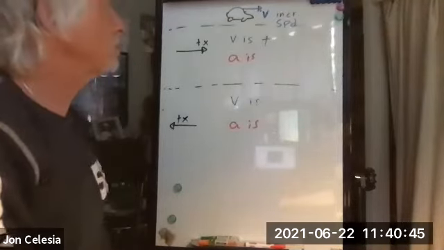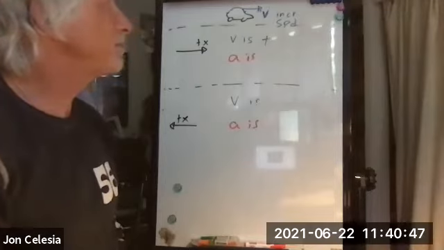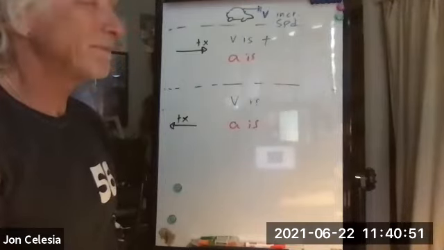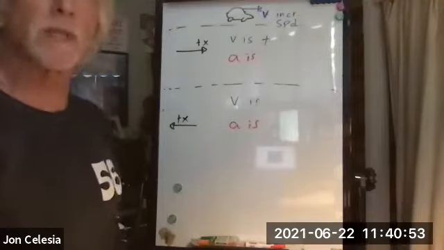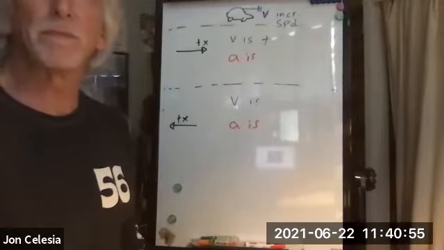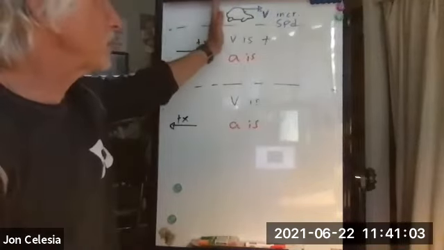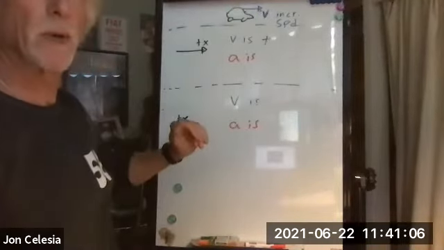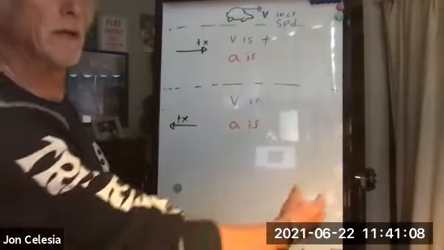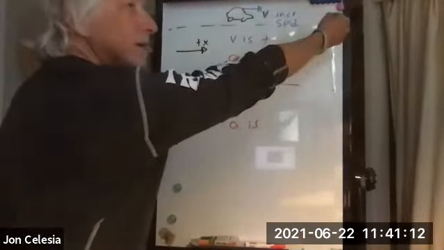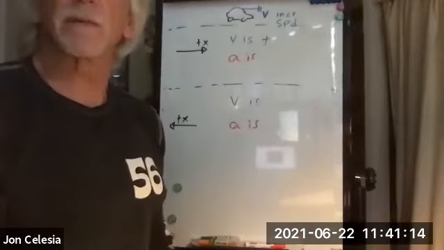Pushing it which way? Well, in the diagram you drew to the right. Exactly. Or what's another way you could do it? You could push to the right, or you could pull it to the right, right?